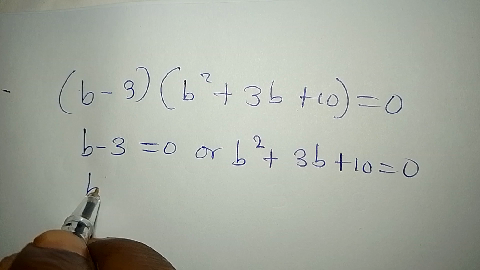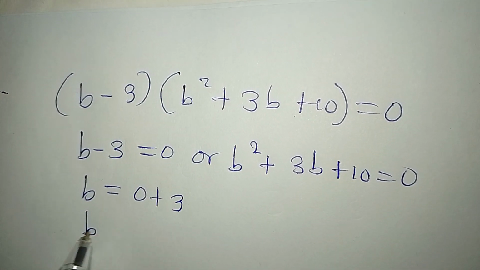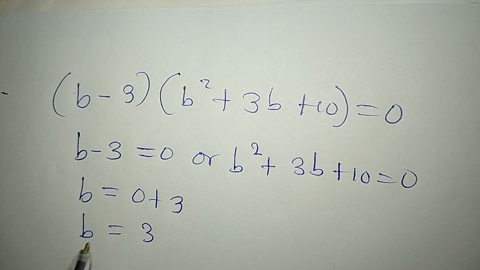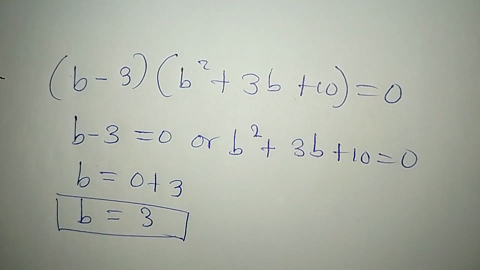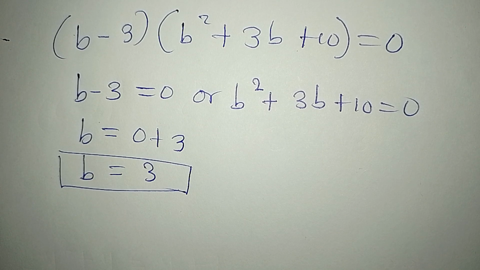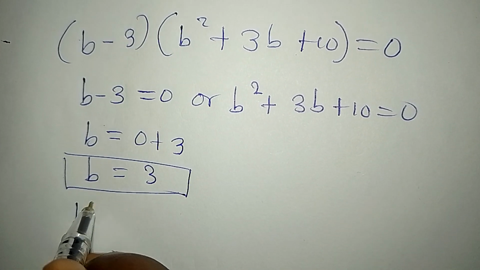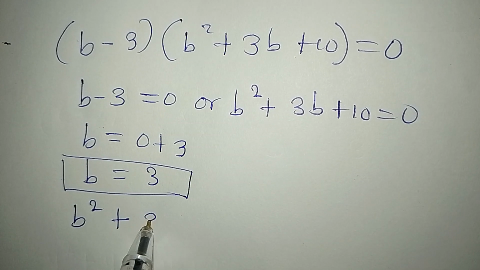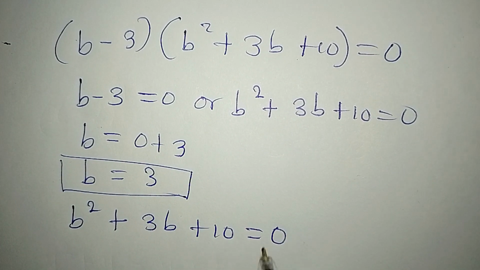From here, b will be equal to 0 plus 3, and b is equal to 3. That is from the linear equation there. So this will be the first value of b. Now let's go back to this quadratic equation. B squared plus 3b plus 10 equal to 0.